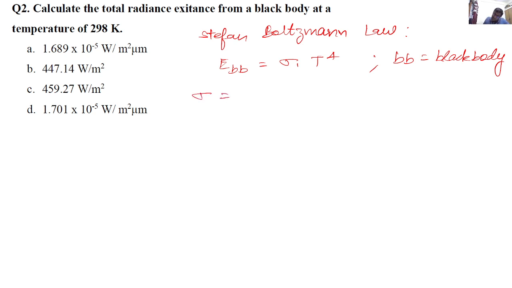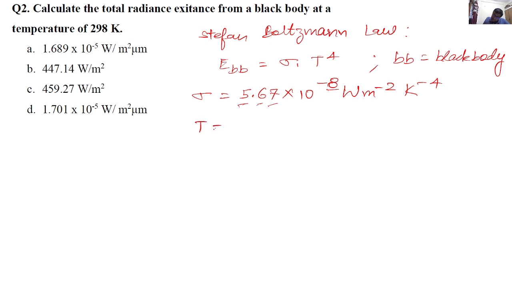And sigma is the Stefan-Boltzmann constant, which is 5.67 into 10 power minus 8 watts per meter square per Kelvin power 4. It's actually very easy to remember this constant. It is 5, 6, 7, 8. All these are consecutive numbers, so it's very easy to memorize this constant at least.